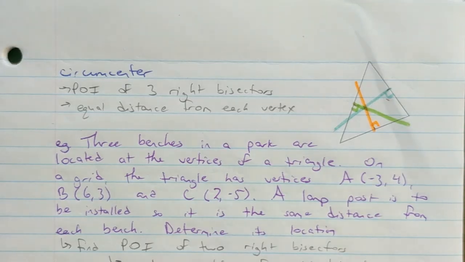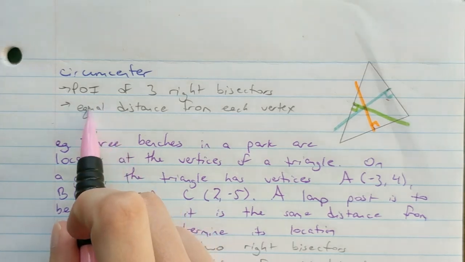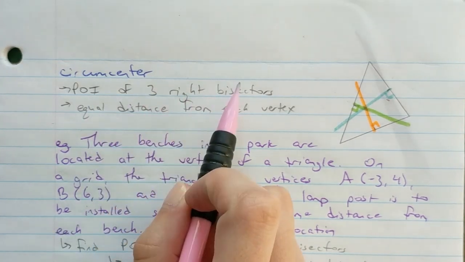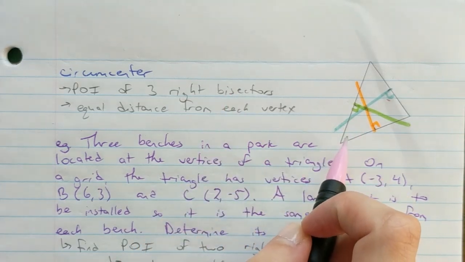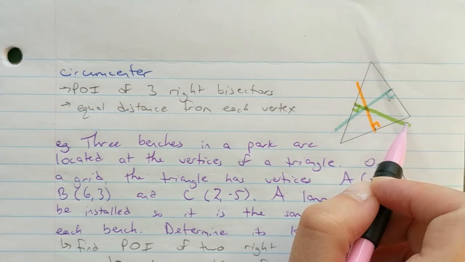Now let's talk about the circumcenter of a triangle. The circumcenter is the point of intersection of your 3 right bisectors, okay? I've gone ahead and drawn a triangle here and the 3 right bisectors.